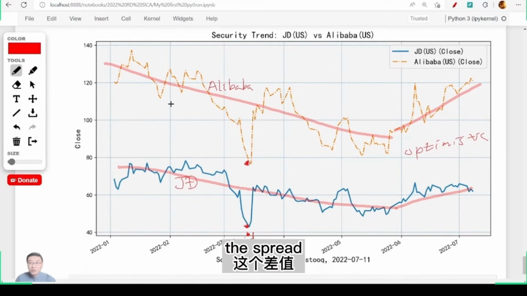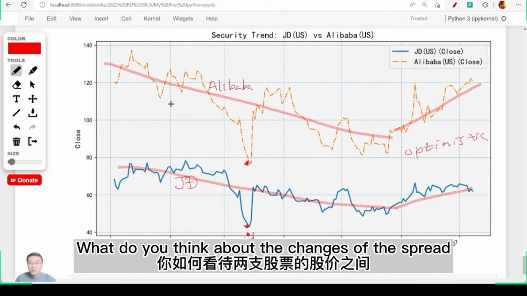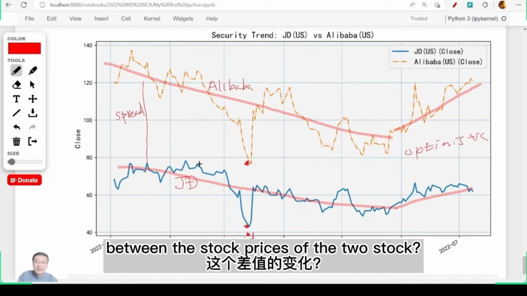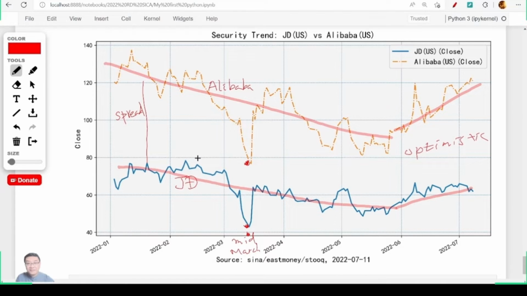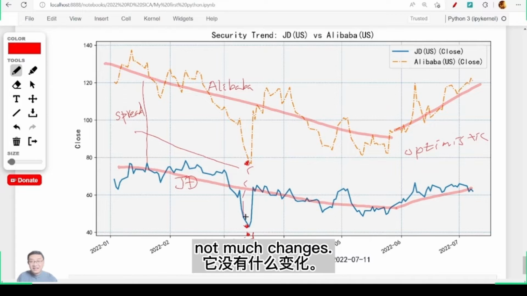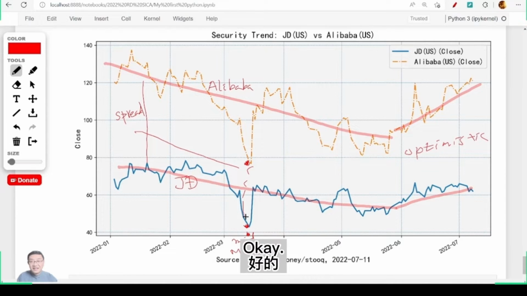What about the spread between these two stock prices? What do you think about the changes of the spread between the stock prices of the two stocks? Not much change, right? Sometimes it may become smaller, but in general, not much change.